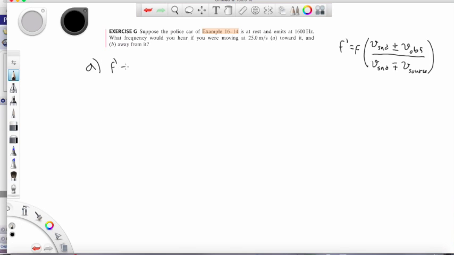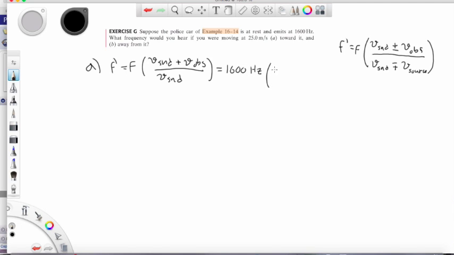So f prime will be the original frequency, or the rest frequency, if you will. We pick the upper sign, and the source velocity was 0, so we don't have to include that. Okay, the original frequency is 1600 Hertz.